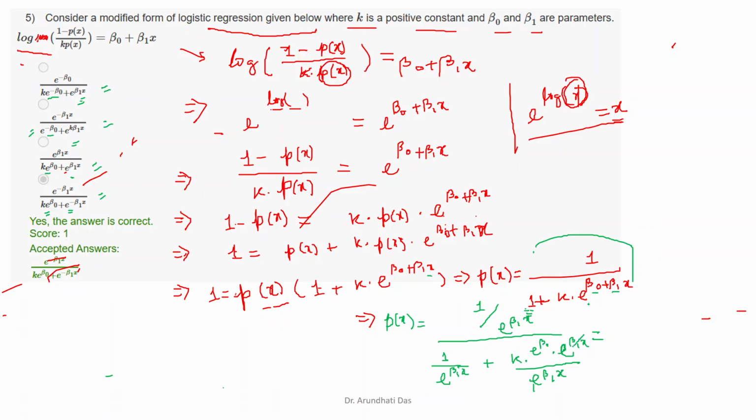So here e to the power b1x and e to the power b1x, this I can cancel out, right.